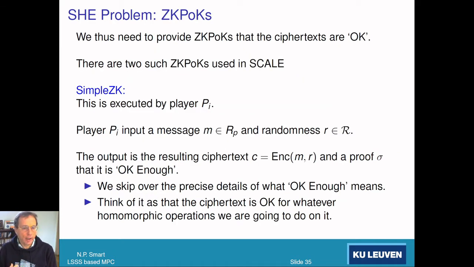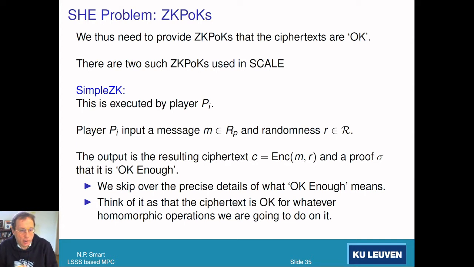To do that, every time the encryptor encrypts something, he's going to apply a zero knowledge proof to it. The zero knowledge proof is going to prove that the message is in some sense well formed. In SCALE and other protocols based on SPDZ, we use basically two types of zero knowledge proof. The first type is executed individually by a player.